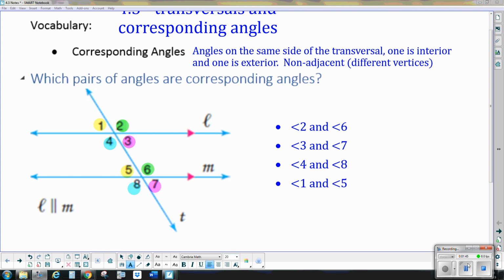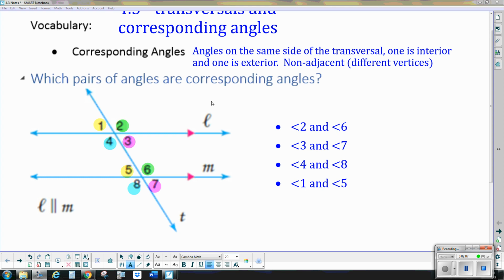If you remember back to Unit 2, we looked at corresponding angles within parallel lines, and we said that if the lines were parallel and cut by a transversal to form corresponding angles, those corresponding angles are congruent.